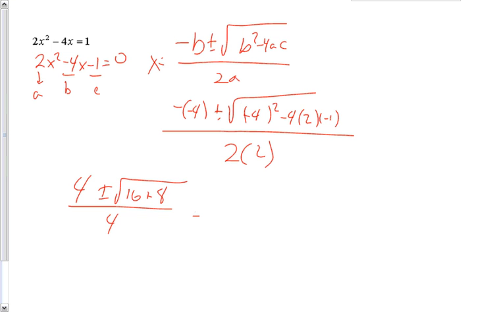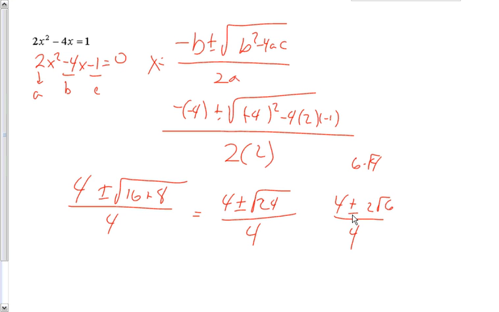That's 4 plus minus the square root of 24 all over 4. The square root of 24 is 6 times 4, so that's 4 plus minus the square root of 4 is 2. That equals 6 over 4. Now, does anything go into all four of them?